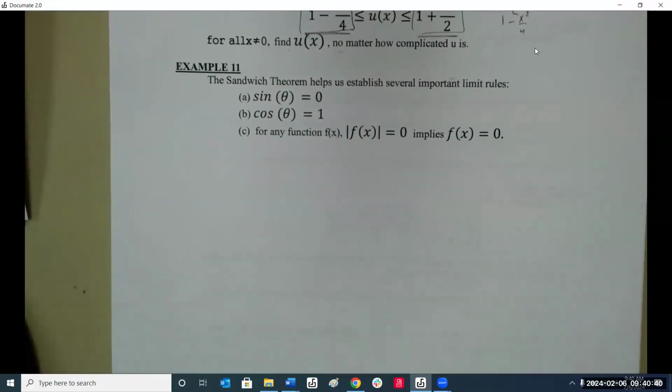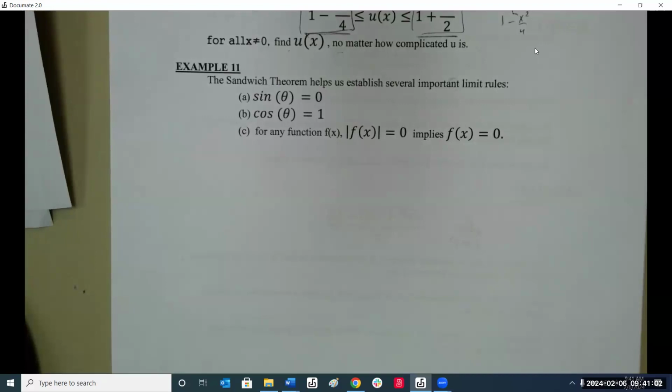Example 11. The sandwich theorem helps us establish several important limit rules. Sine of theta is equal to 0.